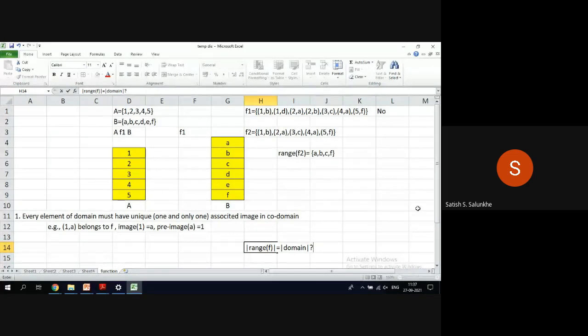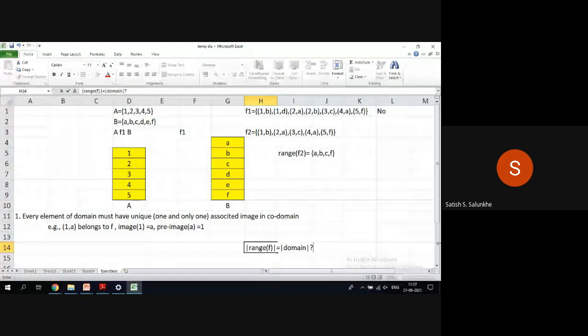Kindly respond in the chat box. Cardinality of range of any given function f, is it always equal to cardinality of domain? Yes or no? Waiting to hear from all of you in the chat box. Hope my screen is visible.